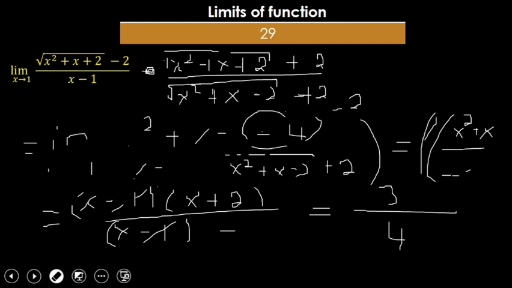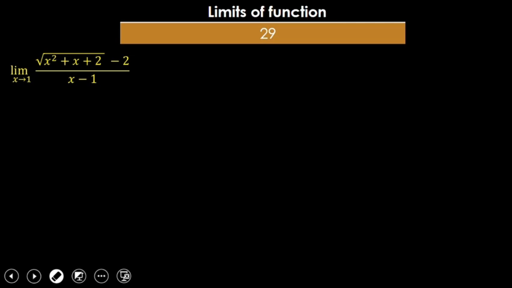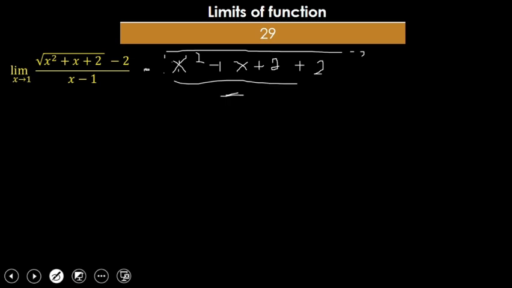You can use the shortcut. When we multiply here by the conjugate, that is the square root of x squared plus x plus 2 plus 2, we just put a dash here to indicate that it's the same thing.